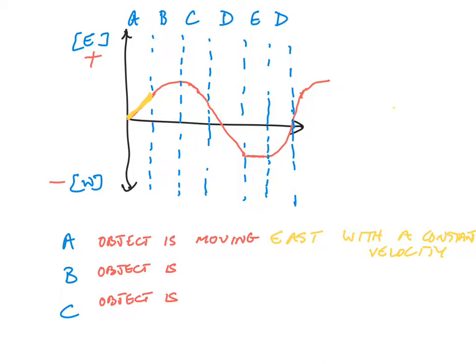In part B we can see that the object appears to have a slope which is changing, and if we look at the beginning of this, the slope appears to be greater than the slope at the end of this. So what does that mean? Well, it's tempting to say that it's decelerating, sure, but it's more correct in physics to say that the object is moving with a negative acceleration.